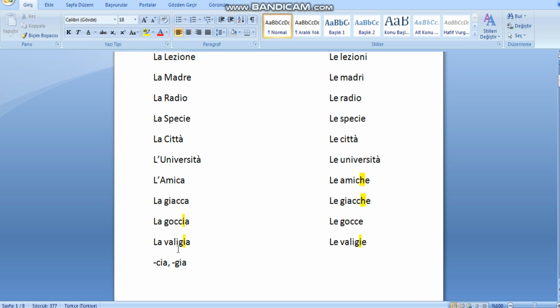If there is a vowel, we continue using the letter I that follows G or C. But if it's a consonant, we no longer use the letter I.